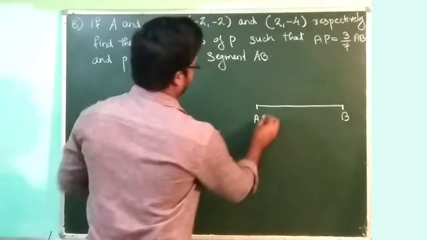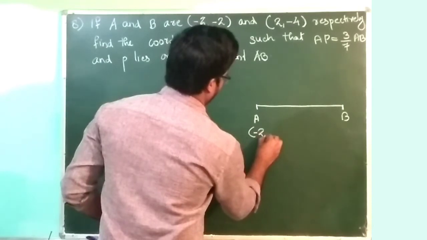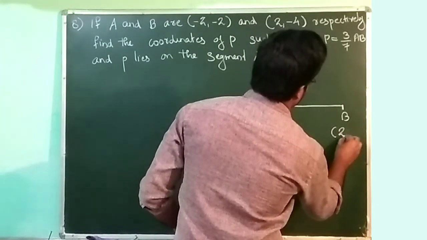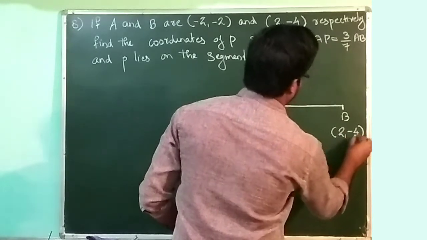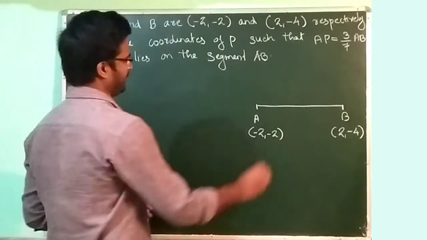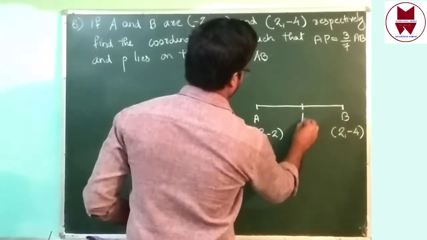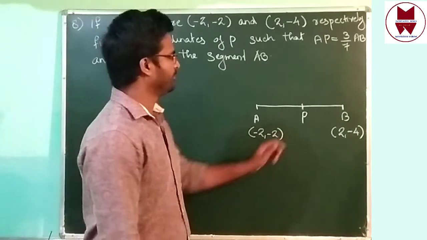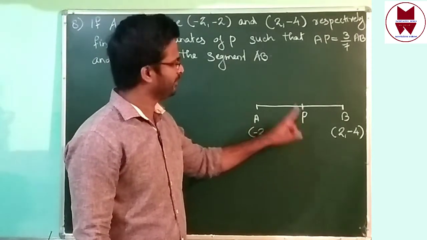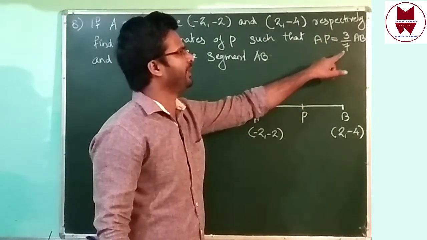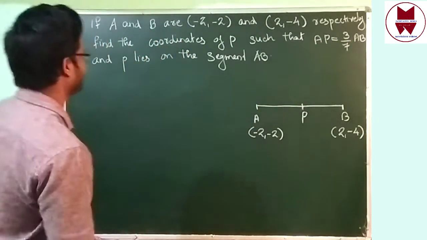Then A here is (-2, -2) and B is (2, -4). 2 points given. Then one more point given, that is P, somewhere in between A and B. We have to find the coordinate of P. One condition given, AP equal to 3 by 7 AB.